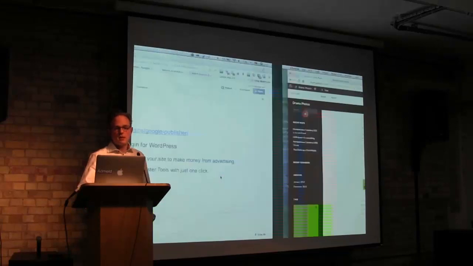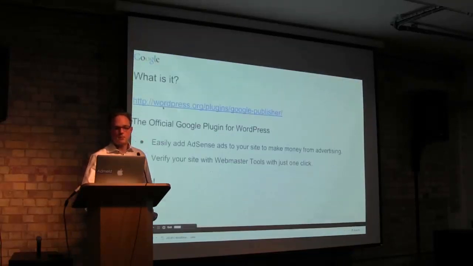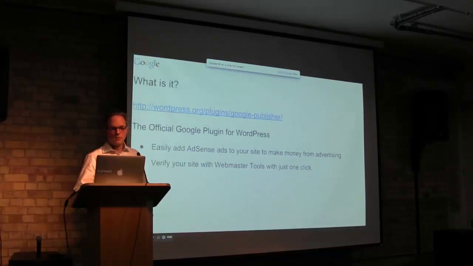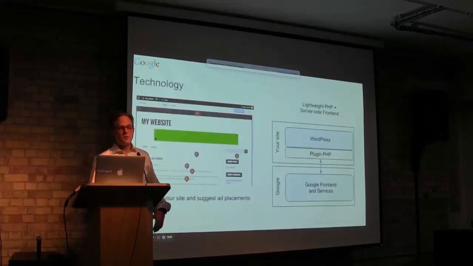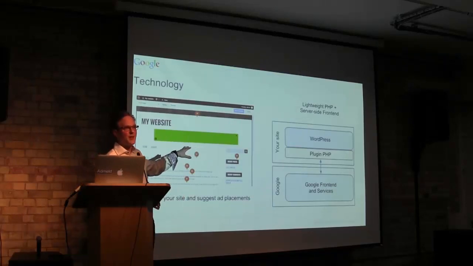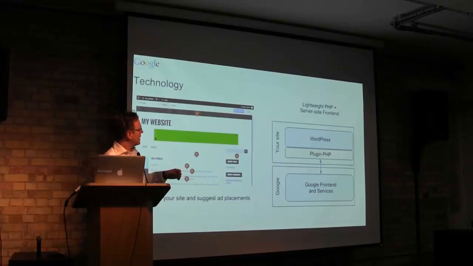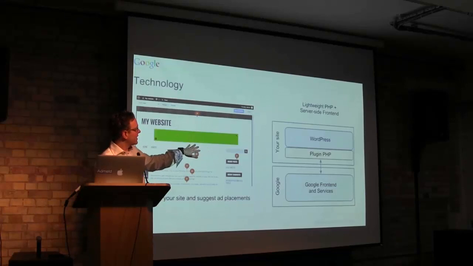So let me go back over here quickly. Like I said before, the main really cool bit of the technology is that we analyze the site to find good placements and find where we could fit good ones in and what they look like. The interesting part about the implementation is that we've got a very lightweight PHP plugin that talks to the front end server.